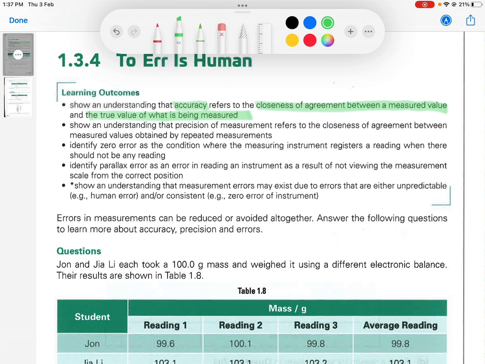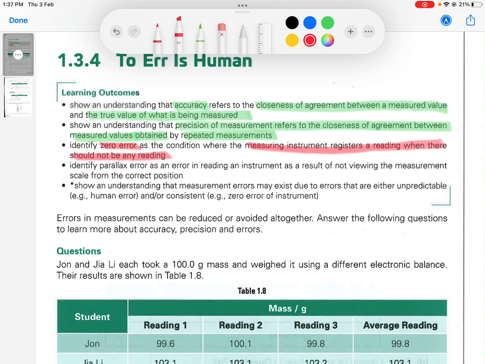And show an understanding that precision of measurement refers to the closeness of agreement between measured values obtained by repeated measurements. Next, zero error. It is when the measuring instrument registers a reading when there should not be any reading at all.